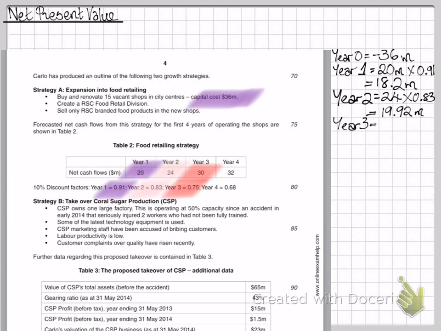So in our calculation again, we're going to say 30 multiplied by 0.75, which is our discount factor. This will give us an amount of 22.5 million.